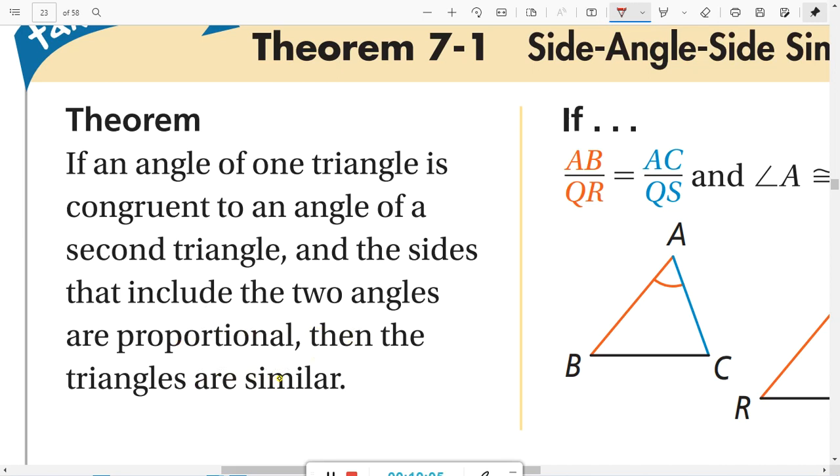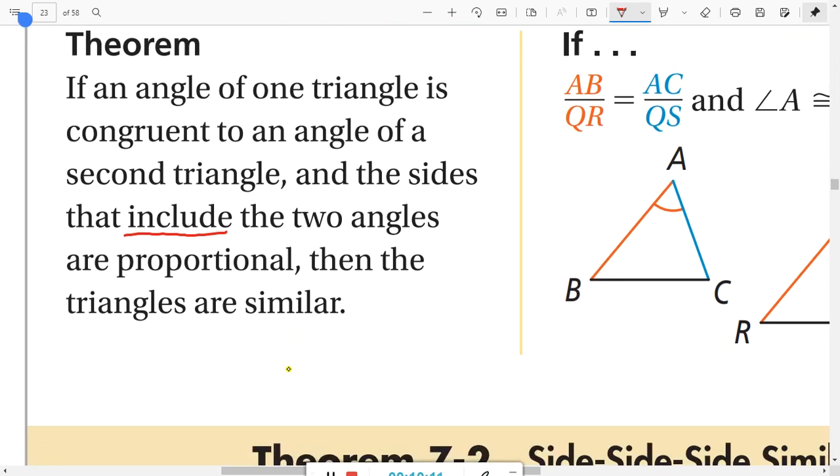What they mean by the sides that include the two angles, that means that the angle is in between the two sides. All right, so that's why the theorem is called SAS. The A is in the middle.